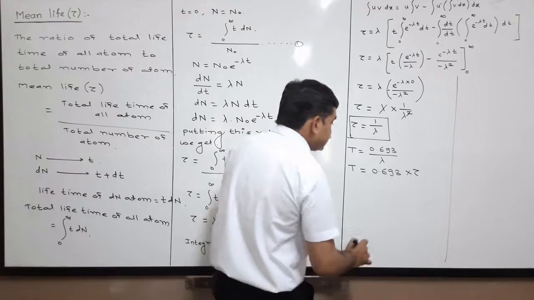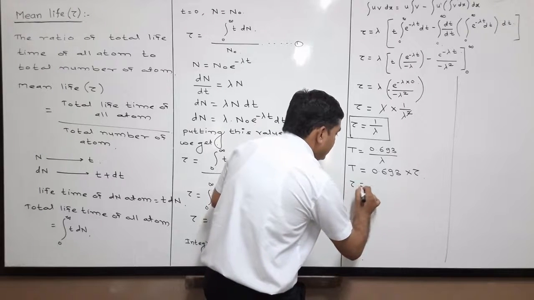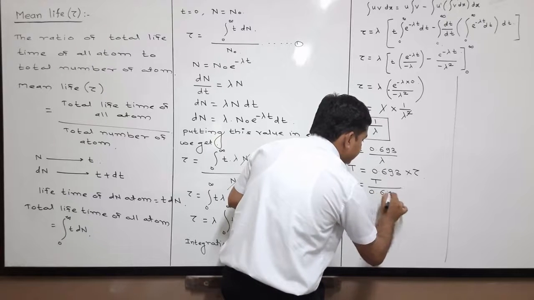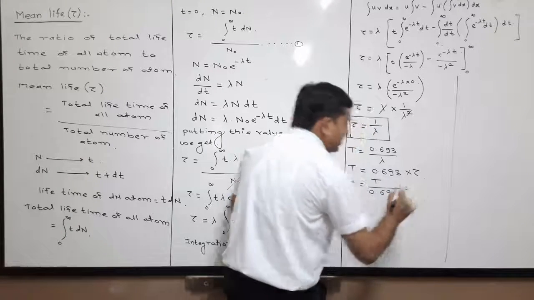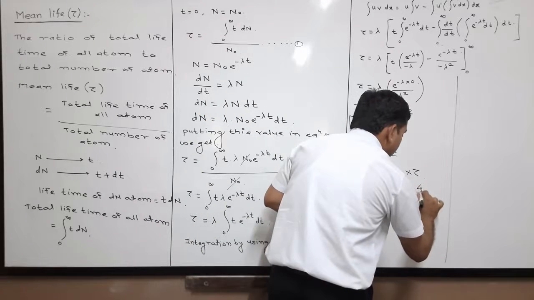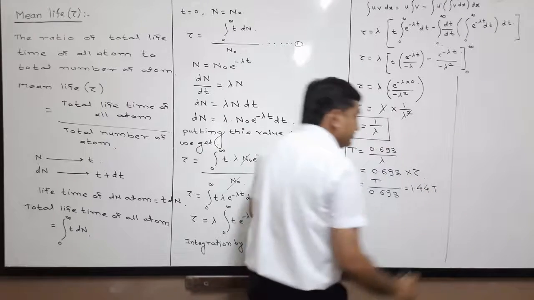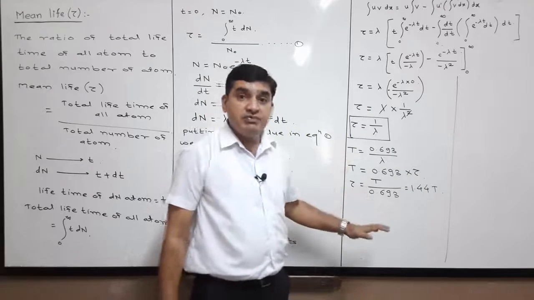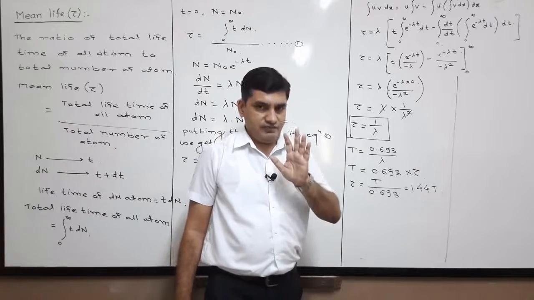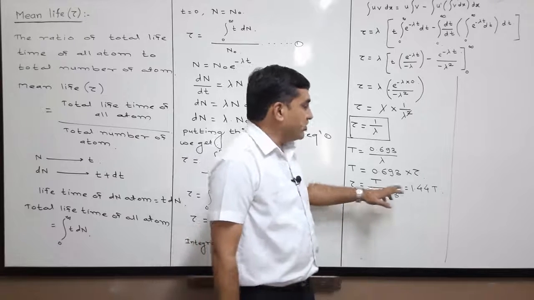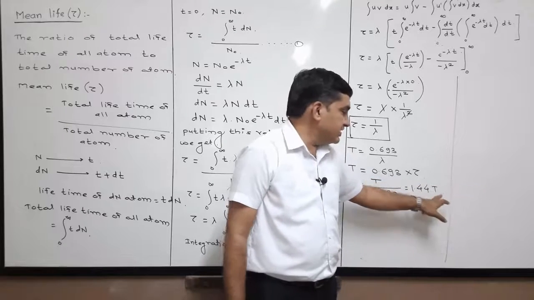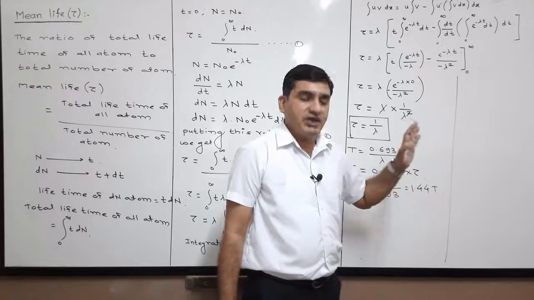Therefore tau is equal to t upon 0.693, so it is equal to 1.44 into t. This gives the relation between mean life and half life. Tau is equal to 1.44 into t, that is the half life period.